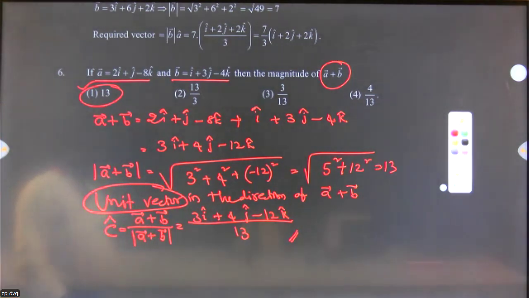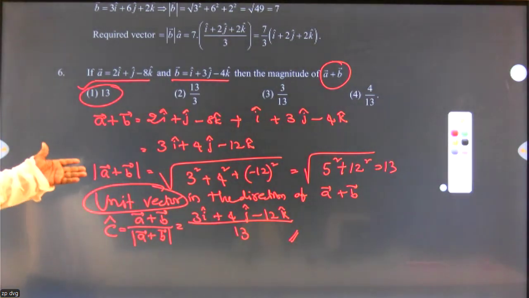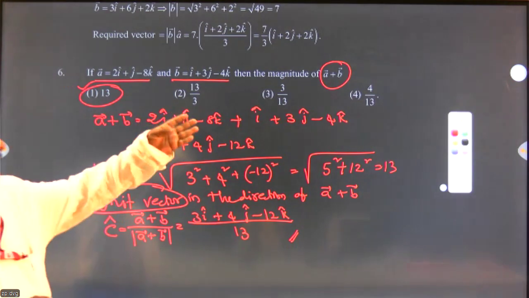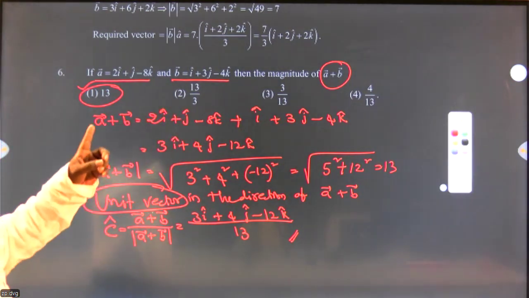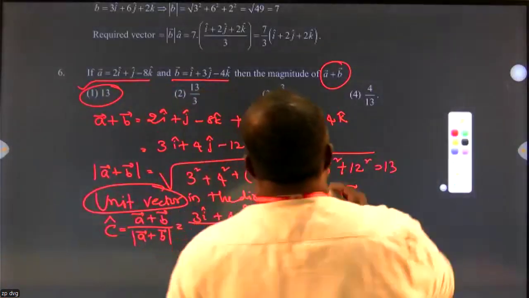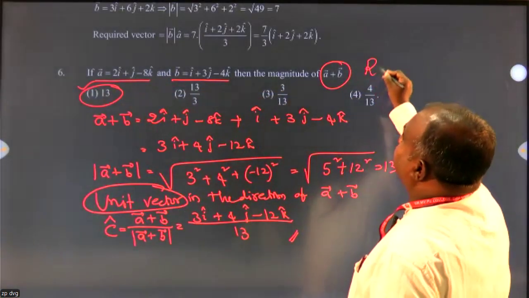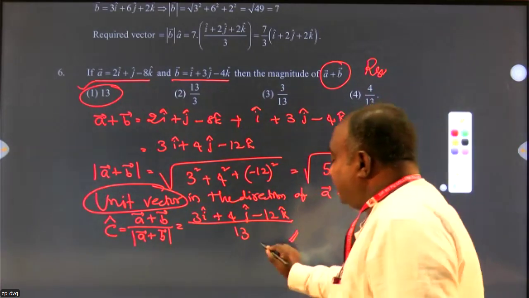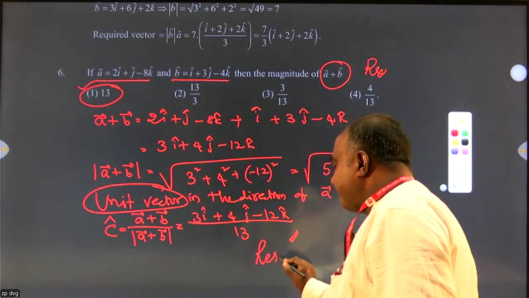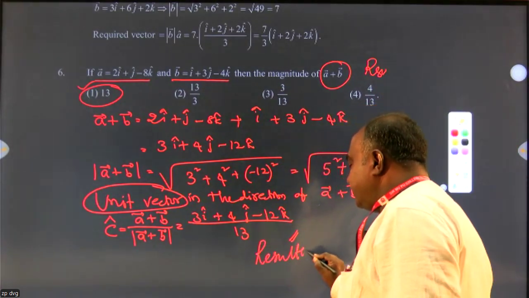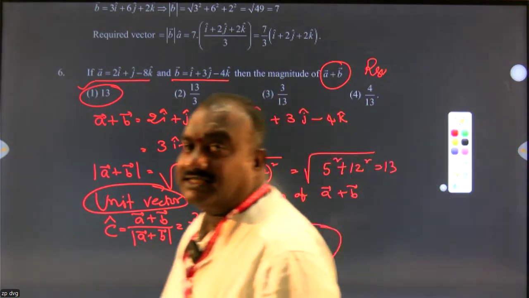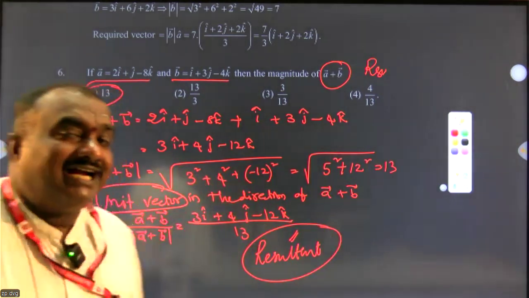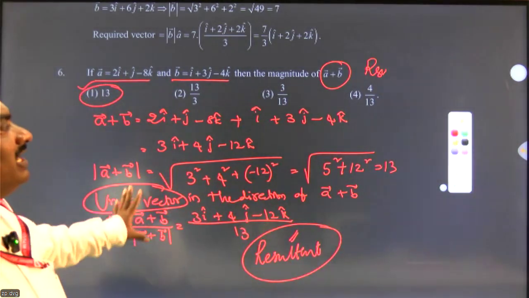Observe, he can ask the same question in a different manner. First, he asked the magnitude of the vector A bar plus B bar. Instead of asking in the direction of A bar plus B bar, he may ask for the resultant direction. Resultant means A bar plus B bar. Be careful while you are solving.